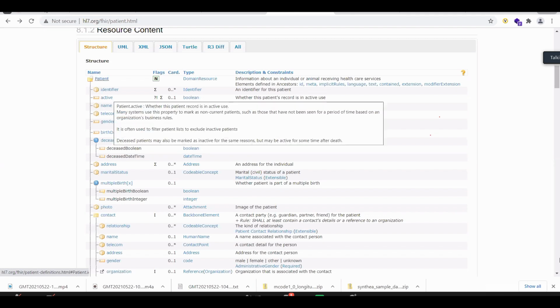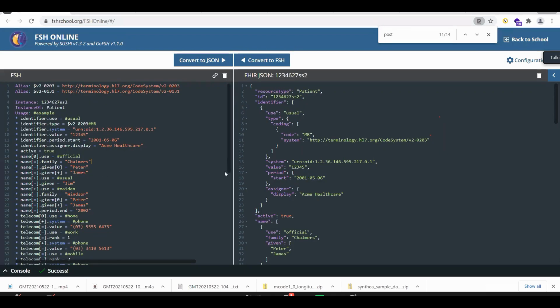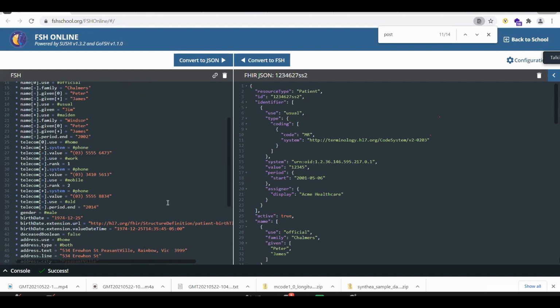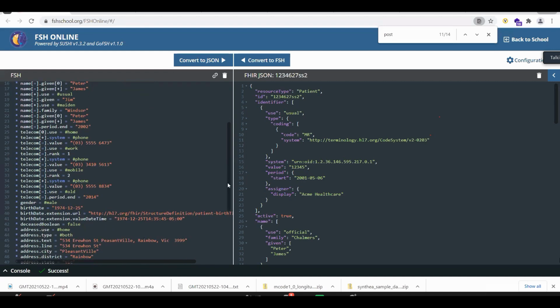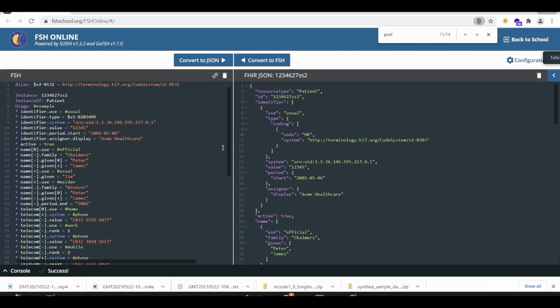If you are constructing a resource and you have to put the attribute active, all you have to do is say, where is active? Top. Active equals true. Because it's already of type Patient, you don't have to put everything. You just have to say active and true.